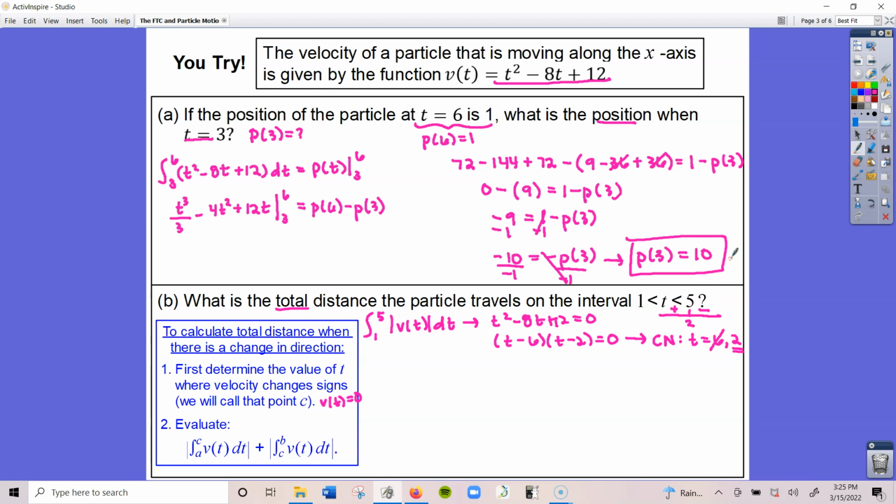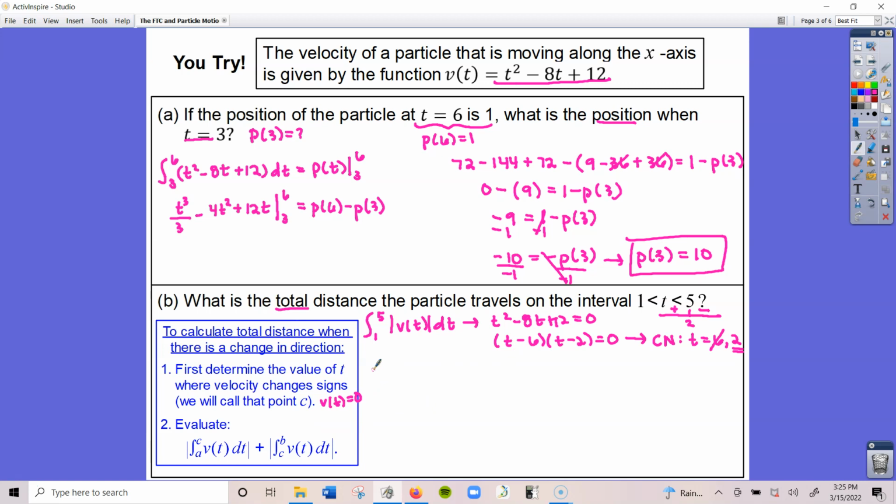So what that means for total distance is that we need to find the distance here. Since this is positive, that means that particular distance is going to be above the x-axis, and then I'm going to add the absolute value of the distance after that. So here I have the integral from a to c of v of t dt, where c is where it changes direction, plus the absolute value of the integral from c to b, which is the endpoint, of v of t.